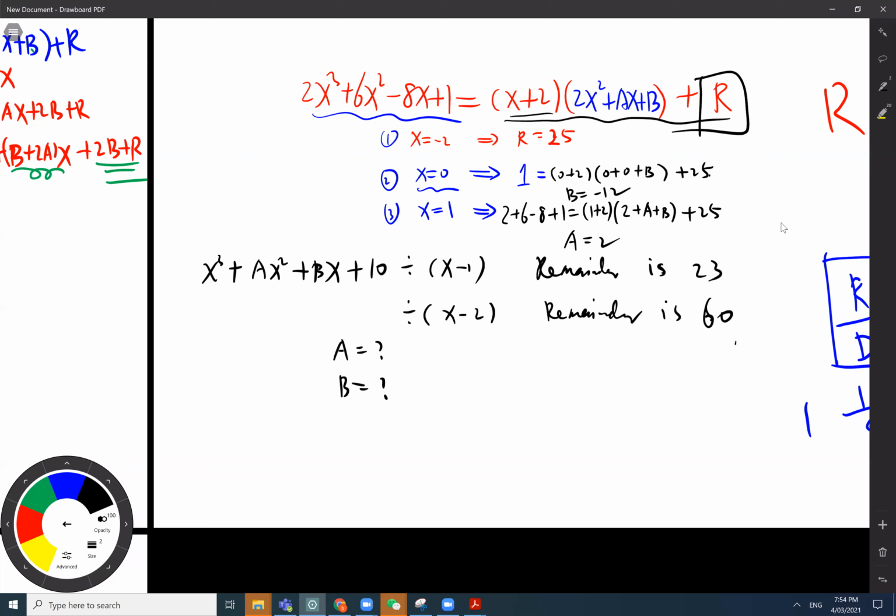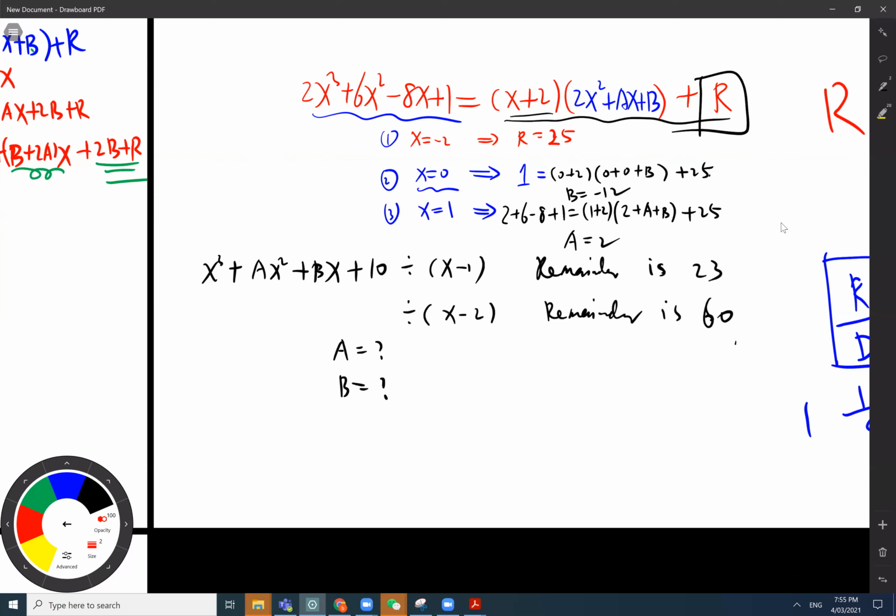Hey, how do we do this question? We use the remainder theorem.